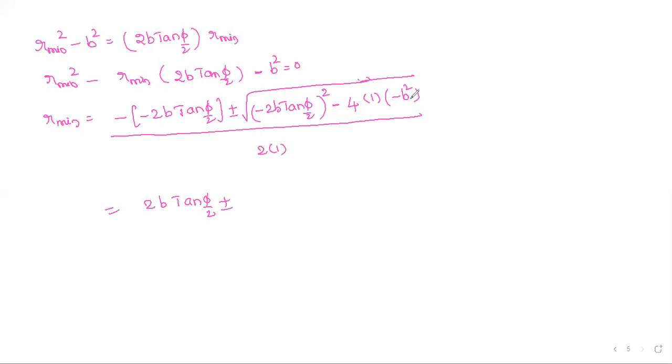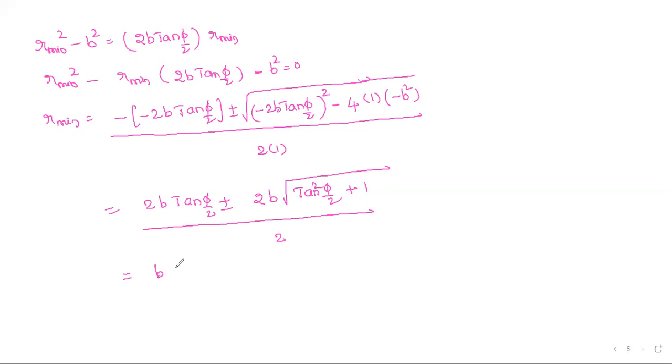If you take 4b square out, that will become 2b into root of tan square phi by 2 minus of minus, that becomes plus 1. Sorry, this is minus of minus, plus 1, divided by 2.